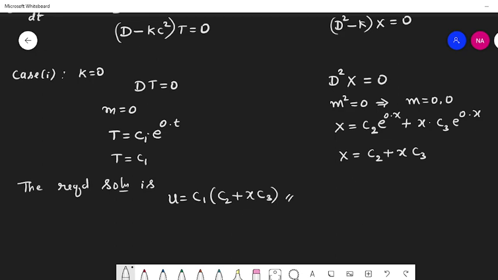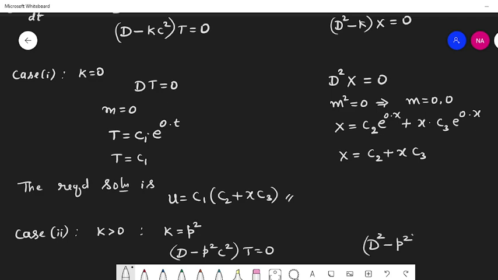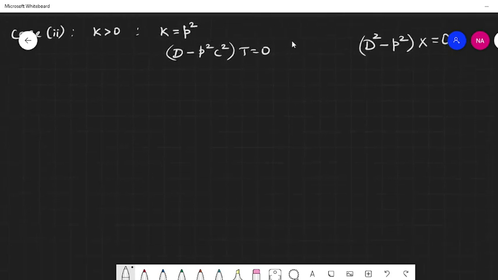Now case 2, if you assume k greater than 0, then we may assume k to be the square of some number. Obviously p you can take as root k. Definitely root k exists. So in that case the equation becomes (D minus p square c square) times T equal to 0, and here (D square minus p square) into X equal to 0.